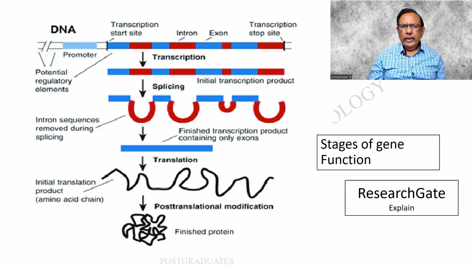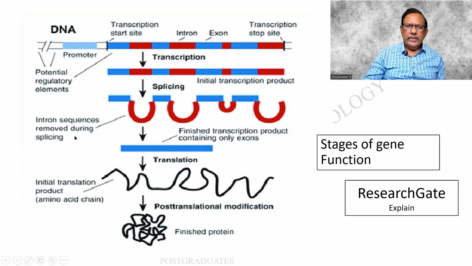And this particular diagram can also be useful for the molecular basis of thalassemia and so on. But basically you find that there is a promoter and then there is a transcription site, there is an intron, exon, and the transcription site again. 3' 5', etc. You people would have known. And after some time you find that all the unwanted ones are being removed by a process called splicing.